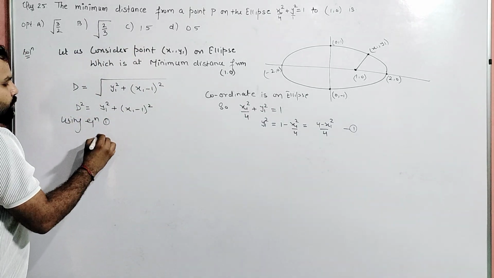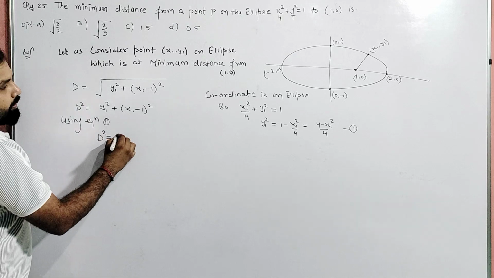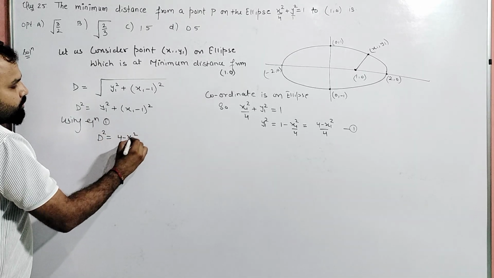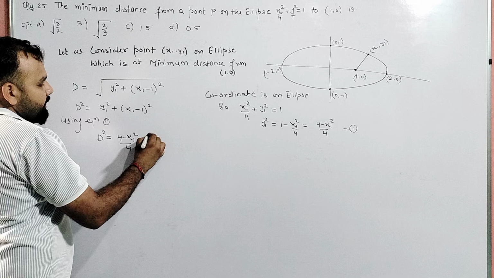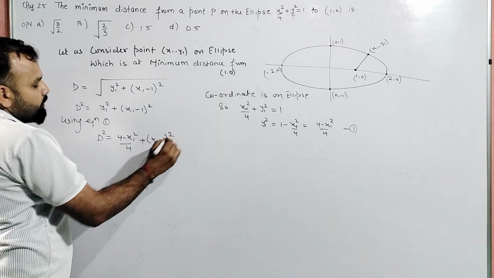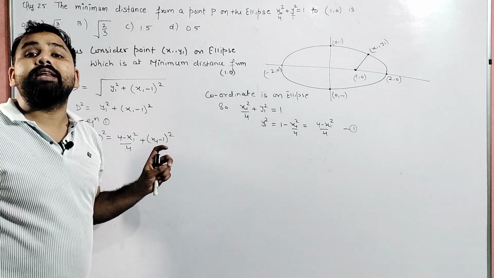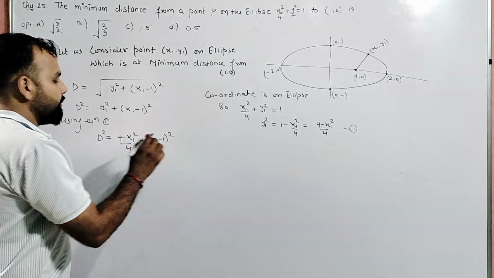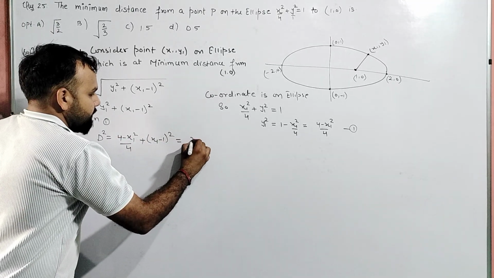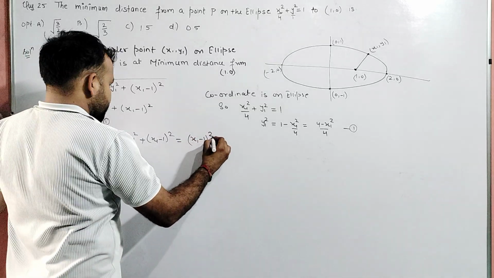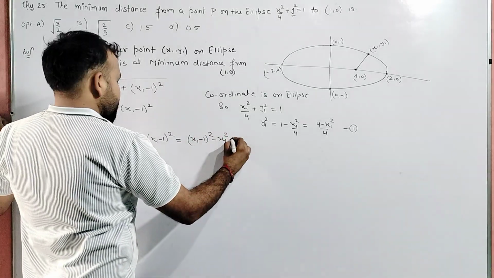So our d square becomes 4 minus x1 square upon 4 plus x1 minus 1 whole square. And student, always remember x1 and y1 are the variable points. So this x1 is variable over here.